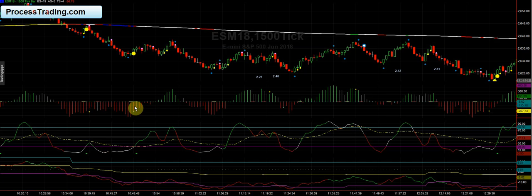So the energy indicator on a downtrend won't necessarily form the same classical peaks and valleys that it does on the upside, but it still does form the peaks and valleys to the downside. It's just not quite as pronounced.